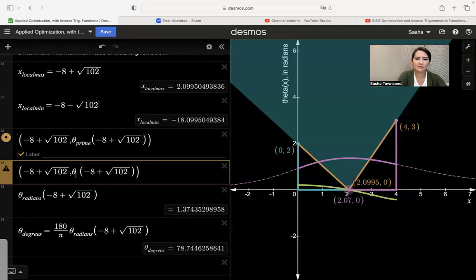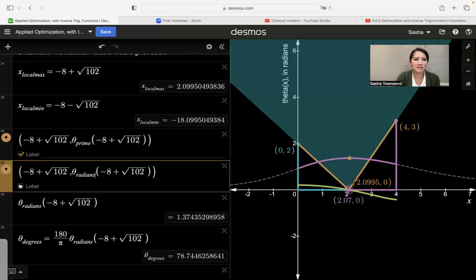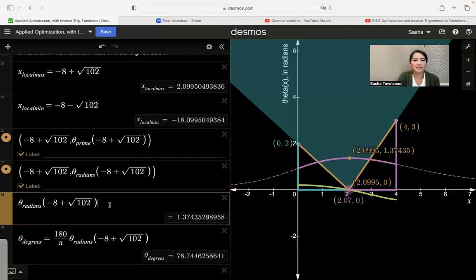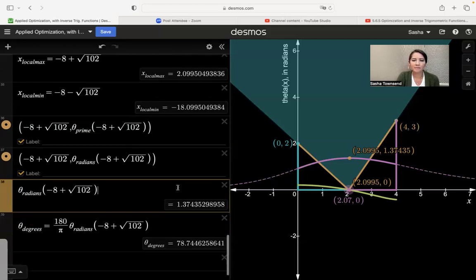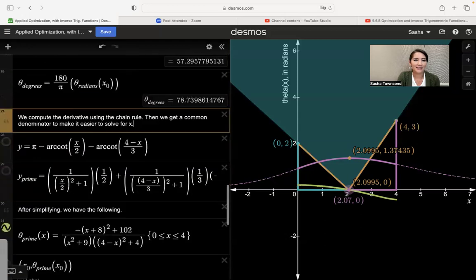Oops, I need to use that subscript radians. At that x value, our theta value is 1.37435 radians. If we want that in degree measure, we multiply by 180 degrees divided by pi radians, and we get 78.7 degrees as our angle. So that's one way of doing that.